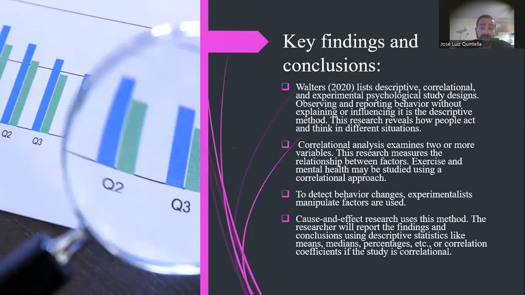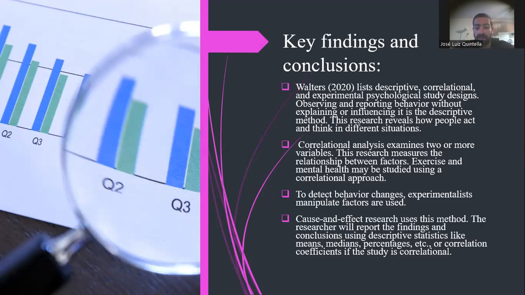This research reveals how people act and think in different situations. Correlational analysis examines two or more variables. This research measures the relation between factors. Exercise and mental health may be studied using a correlational approach.